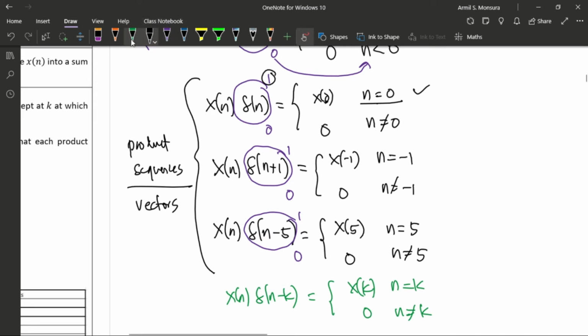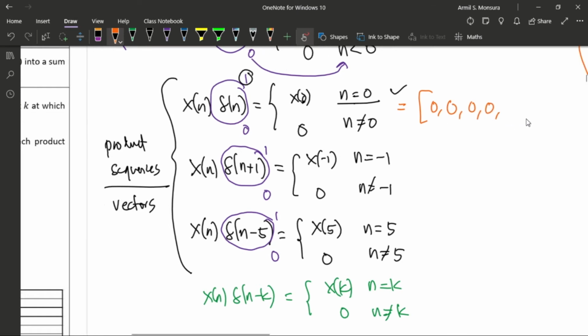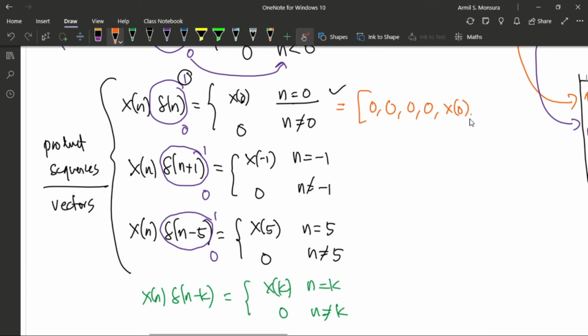Say for example ito, itong product sequence na to, this is actually 0, 0, 0, then this is x of 0, 0, 0, 0, and so on. Lagyan natin ng tatlong dot dito at saka tatlong dot dun sa kabila para masabi natin siya ay infinite sequence because we don't know how long xn is.